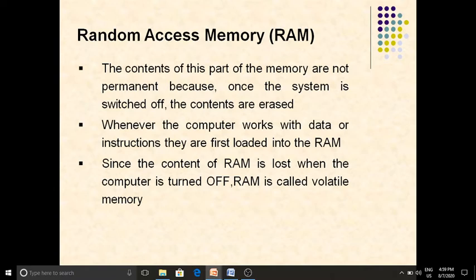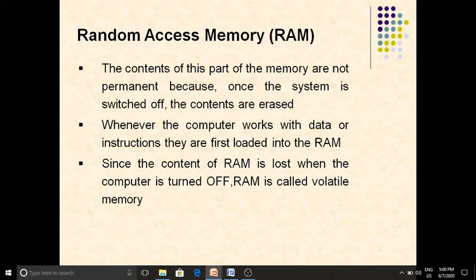In the booting process, you can see the configuration of the computer system, that is, the RAM capacity, the hard disk capacity, and the operating system you are using. Students, this is about RAM, random access memory.